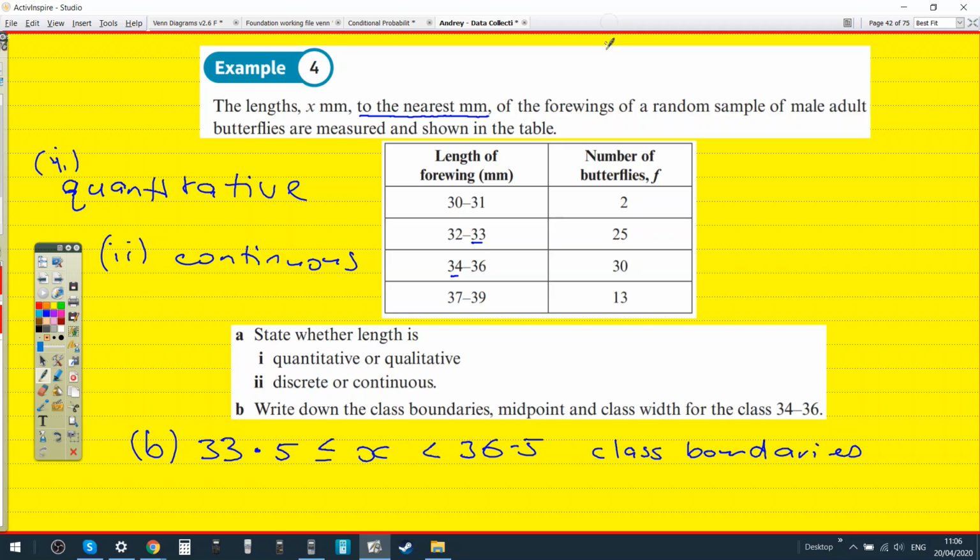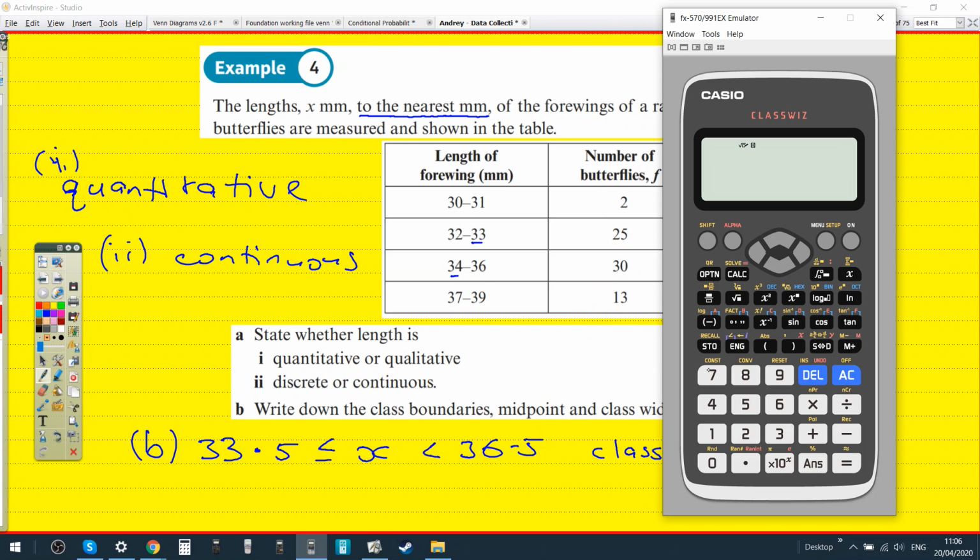And what is the class width? I remember class width from like histograms or something. Did that have something to do with frequency? Nope. It is just from 33.5 to 36.5.